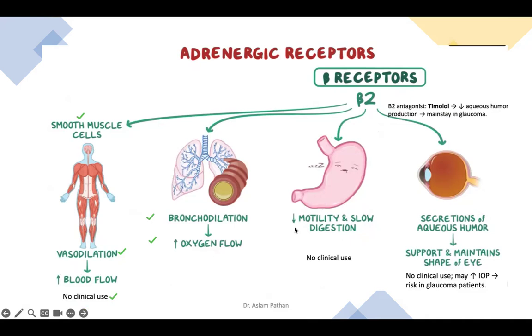Beta 2 activation decreases the tone and motility, and slows the digestion, and has no clinical use. Beta 2 receptor is also available in the eye, and it leads to increase in the aqueous humor secretion.